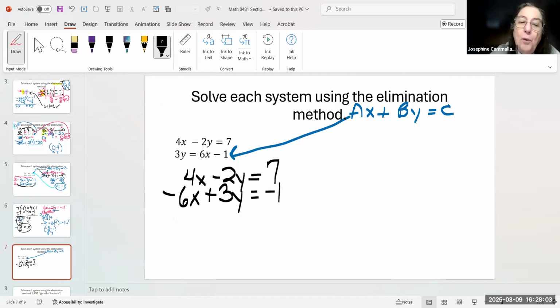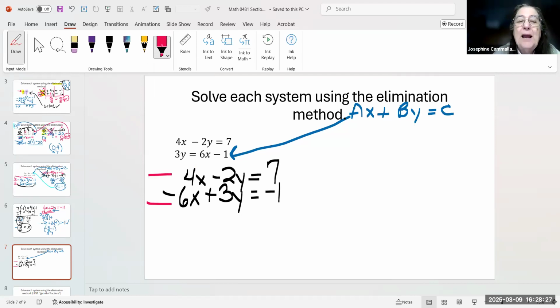Okay, hopefully you now recognize that I cannot eliminate a column. Positive 4 and negative 6 is giving me a negative 2. A negative 2 and a positive 3 for y is giving me a negative 1, which means I'm throwing out in front a blank.